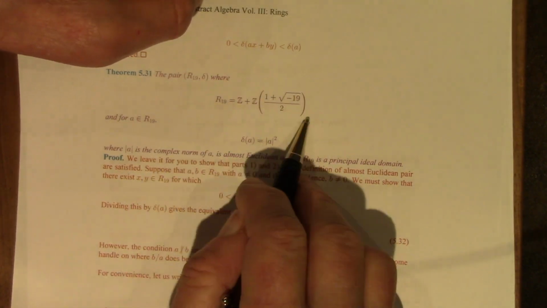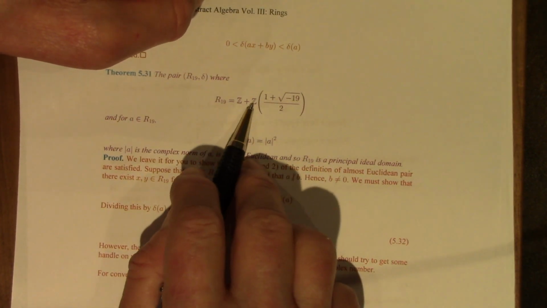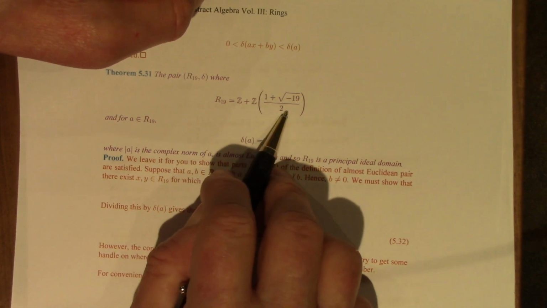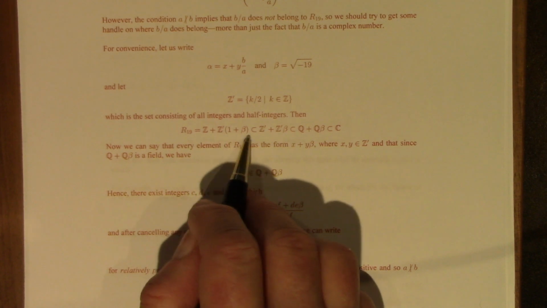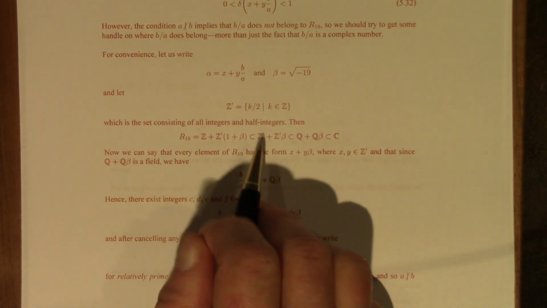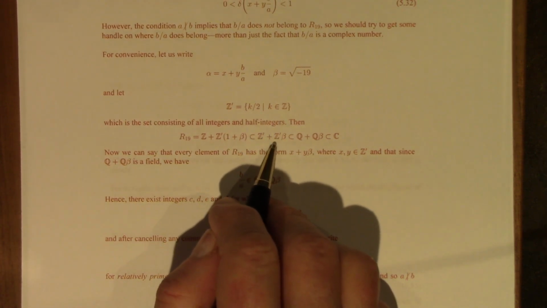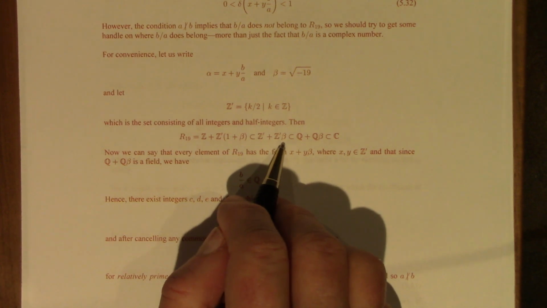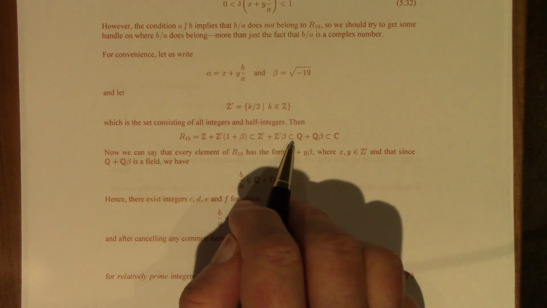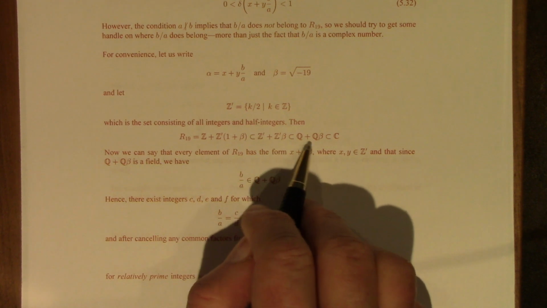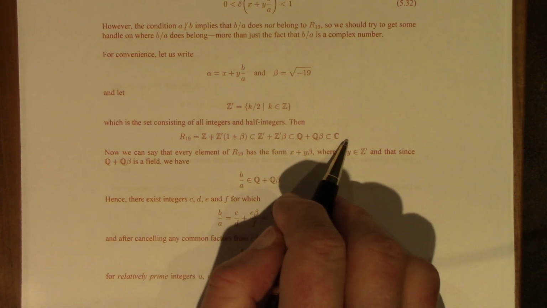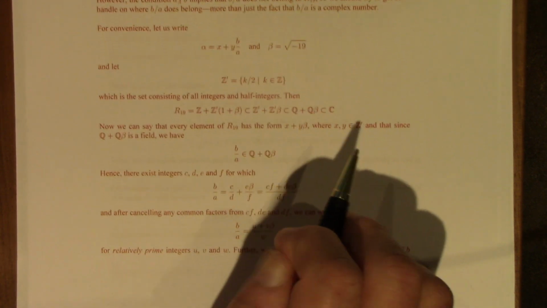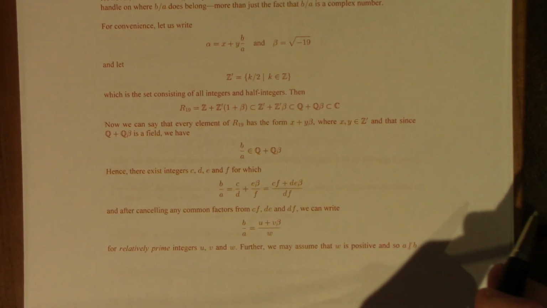That's what this is. Here's the Z prime because you have Z over 2. This is contained, strictly contained, in Z prime plus Z prime beta, which in turn is strictly contained in Q plus Q beta, which is strictly contained in the complex numbers. And I'll let you ponder any issues there.